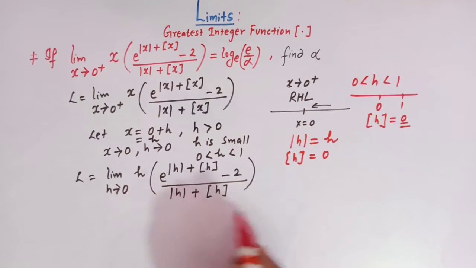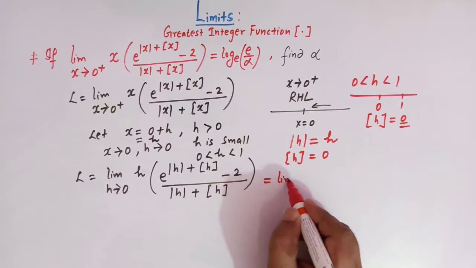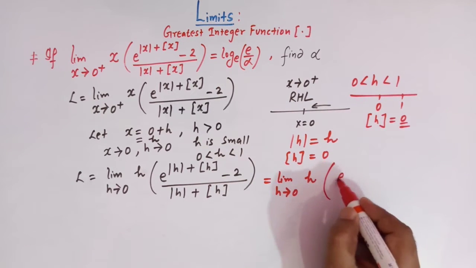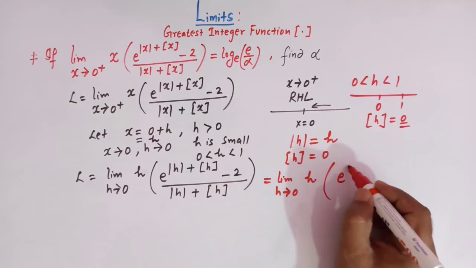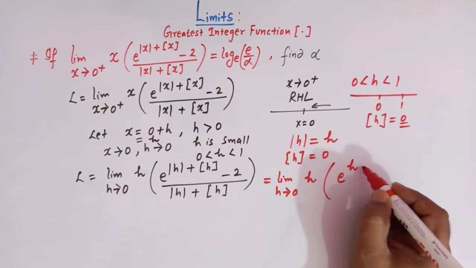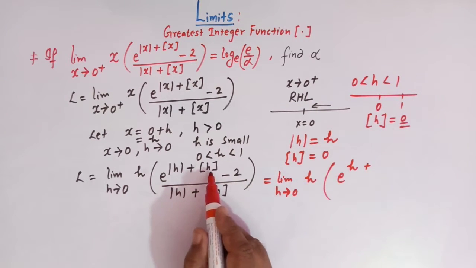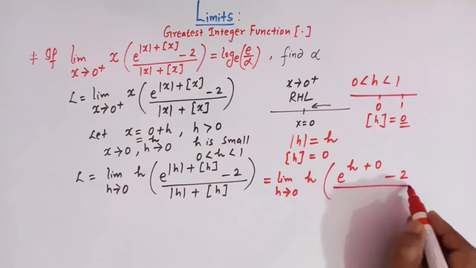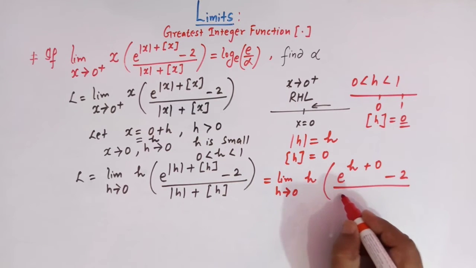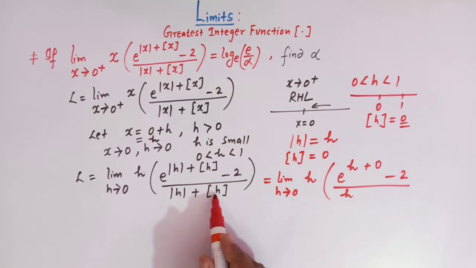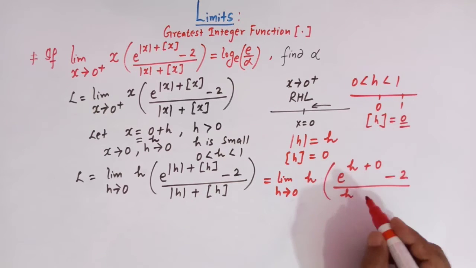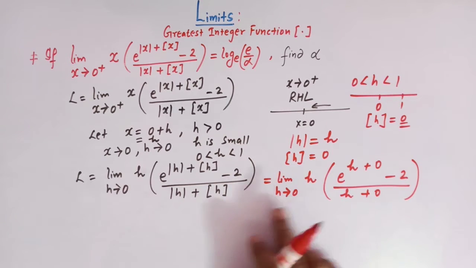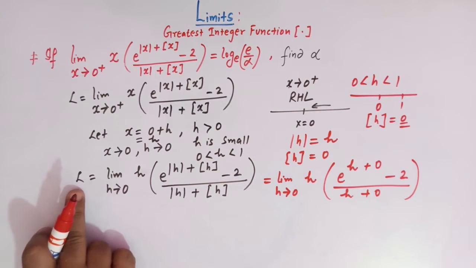So now this limit can be written as limit h tends to 0 of h times e raised to h plus 0, minus 2, divided by h plus 0, where mod of h is simply h and greatest integer of h is 0. So now we have this expression for our limit L.